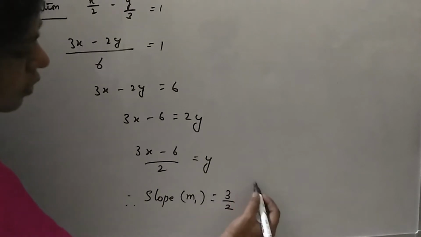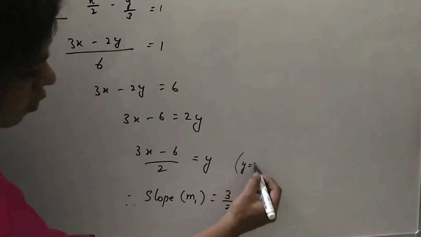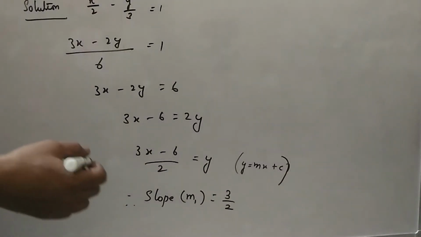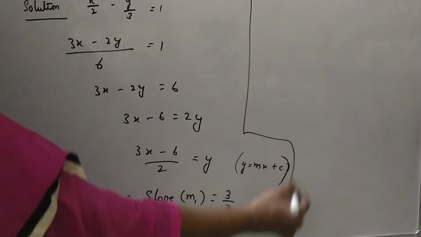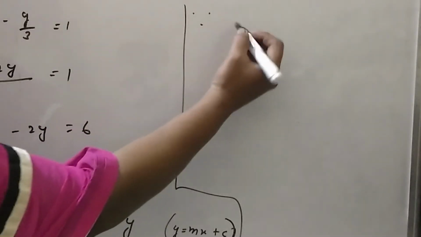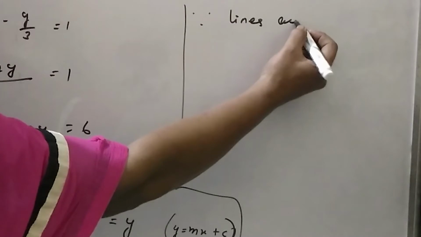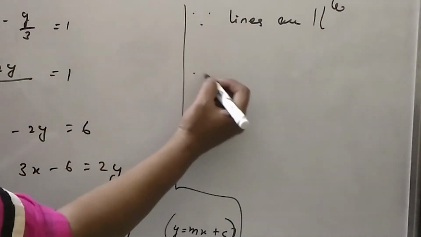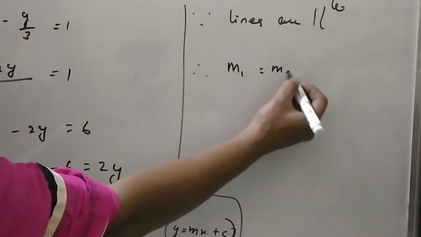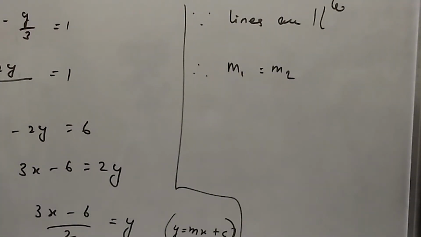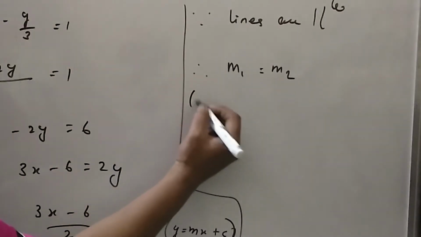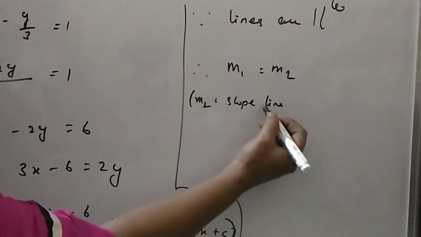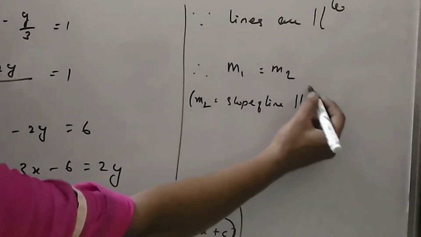Okay. By comparing this, you will write y is equal to mx plus c. In this form we are taking, and then we have to write. Next you will write, since lines are parallel, therefore m1 is equal to m2. Okay, m2 is the slope of a line parallel to it.